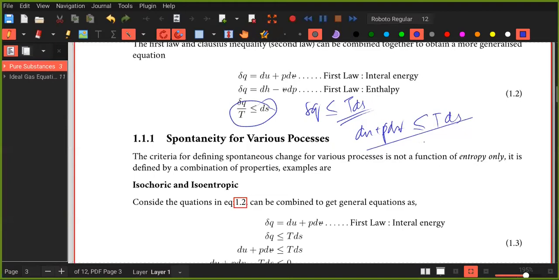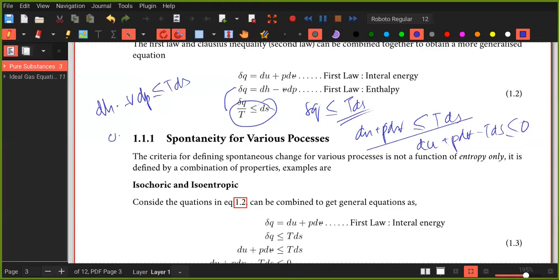So bringing TdS to the other side, dU plus PdV minus TdS should be less than or equal to 0. So this is a generalized equation. And if we consider the second one, we get dH minus VdP should be less than or equal to TdS, or dH minus VdP minus TdS should be less than or equal to 0.